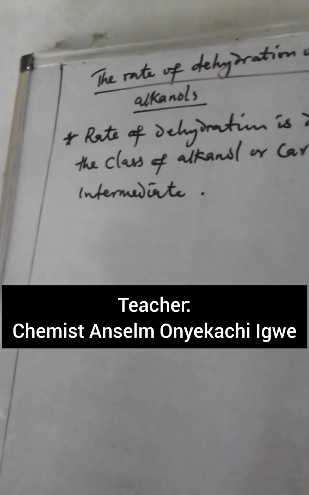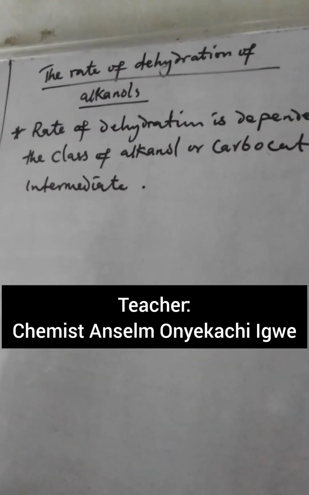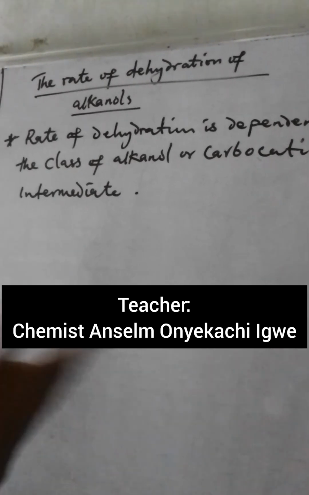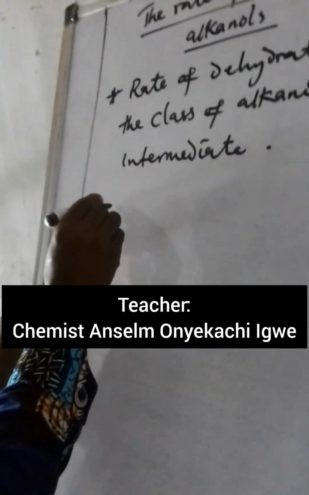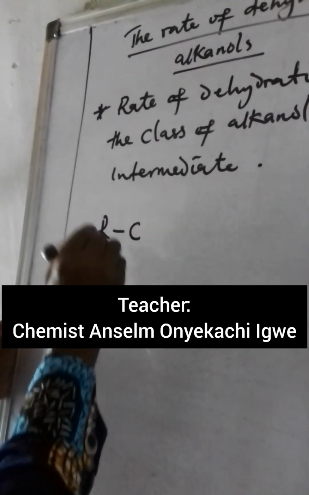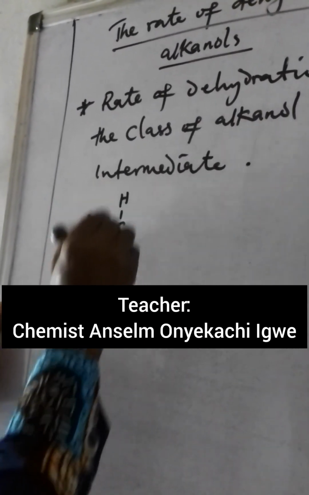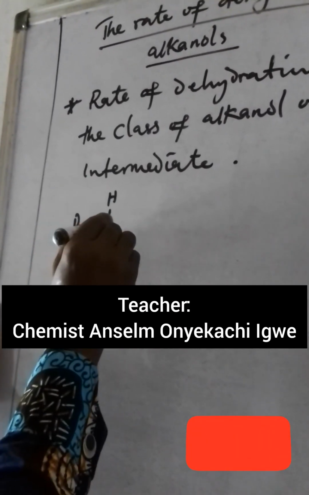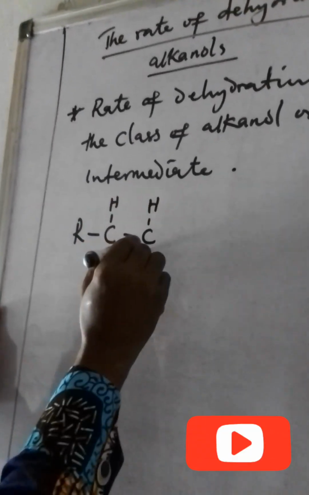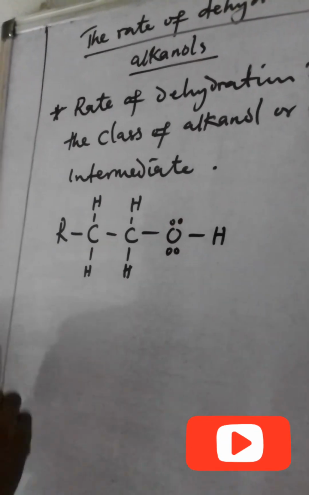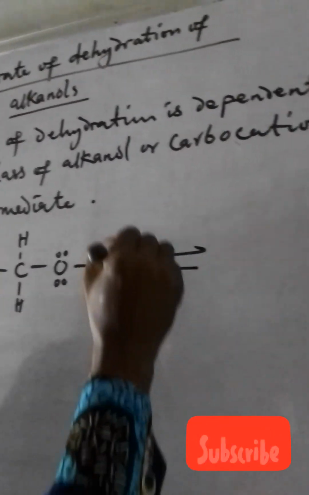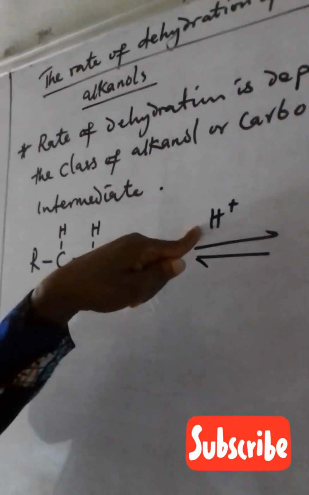Remember, let's just recall the mechanism of dehydration of alkanol, where an alkanol RCH2CH2OH is in the presence of an acid.